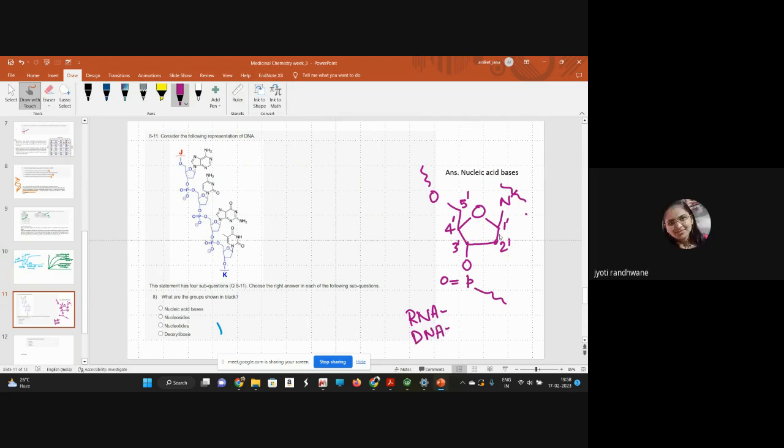Deoxyribonucleic acid. So from the name itself, the oxy group is present here in RNA, as OH. In DNA it is missing, so it is called 2-deoxyribonucleic acid. There is no oxy in DNA.